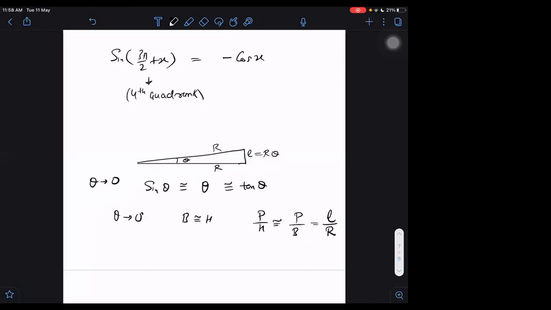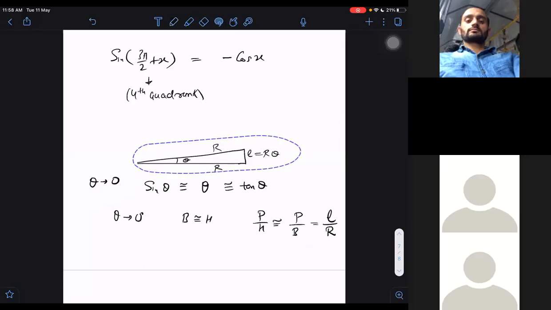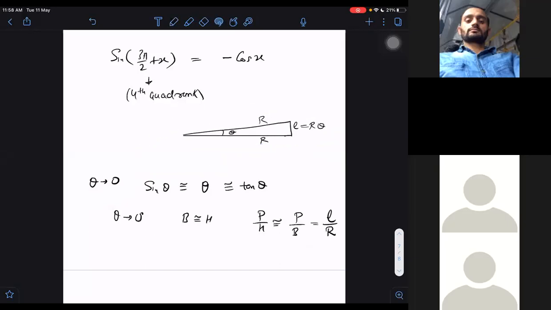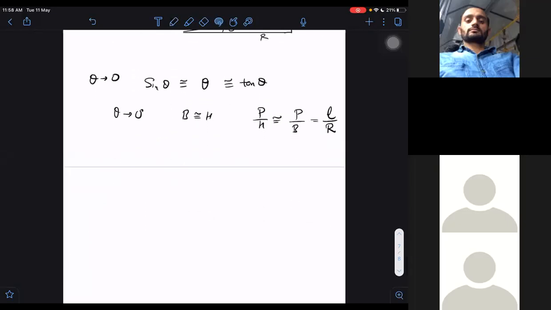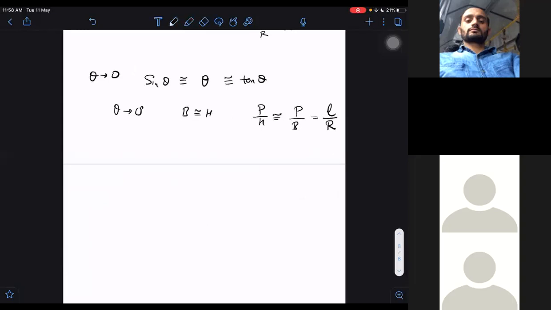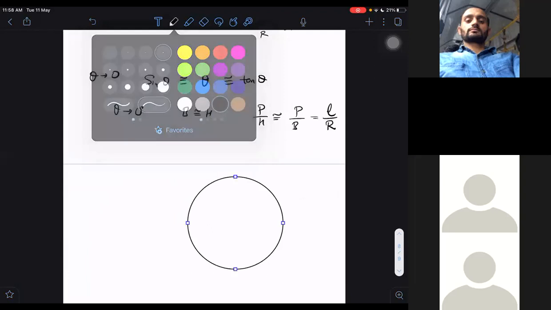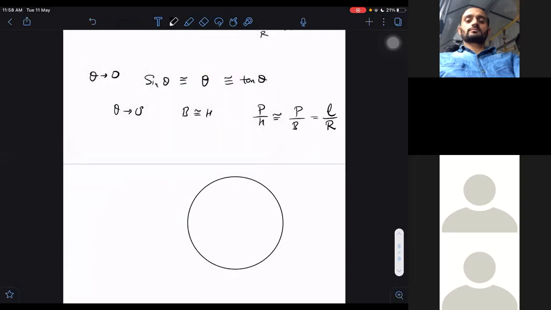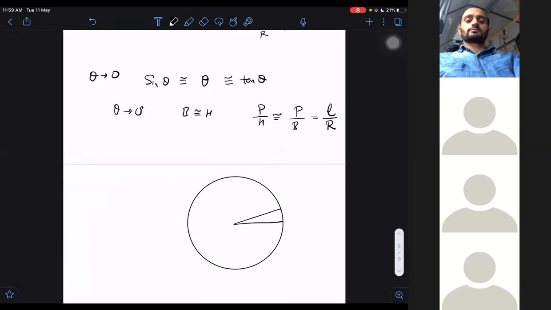Because I can think that this triangle is lying in a circle of radius R, this way.